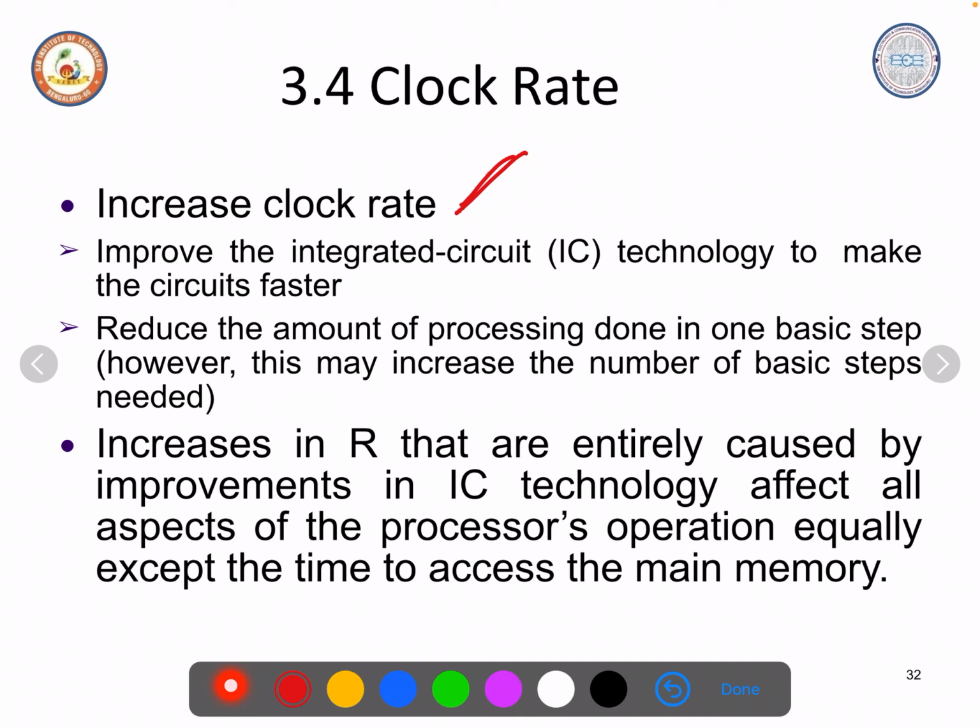If you reduce even that, the clock rate can be increased. The increase in the value of R is entirely caused by the improvement in IC technology, which affects all aspects of processor operation equally except the time to access the main memory.